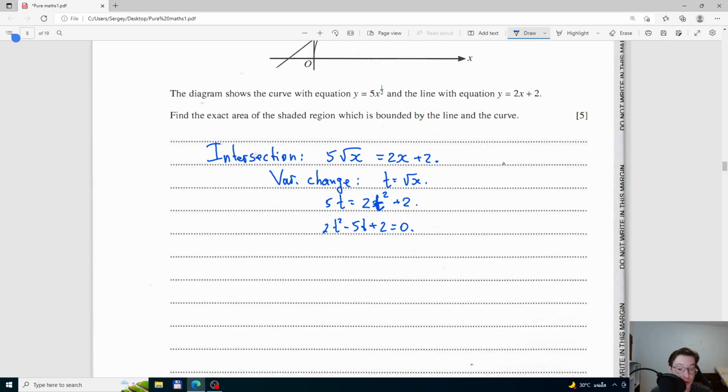I'm going to use the formula again. It's 5 plus or minus square root of 25 minus 4ac, which gives me 16, over 4, that is 2a. 25 minus 16 is 9, square root of 3.